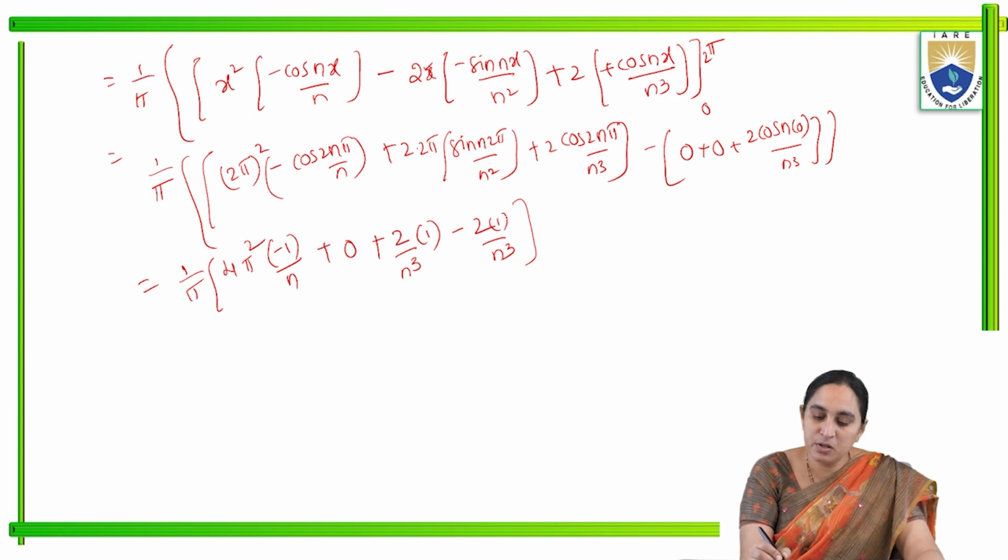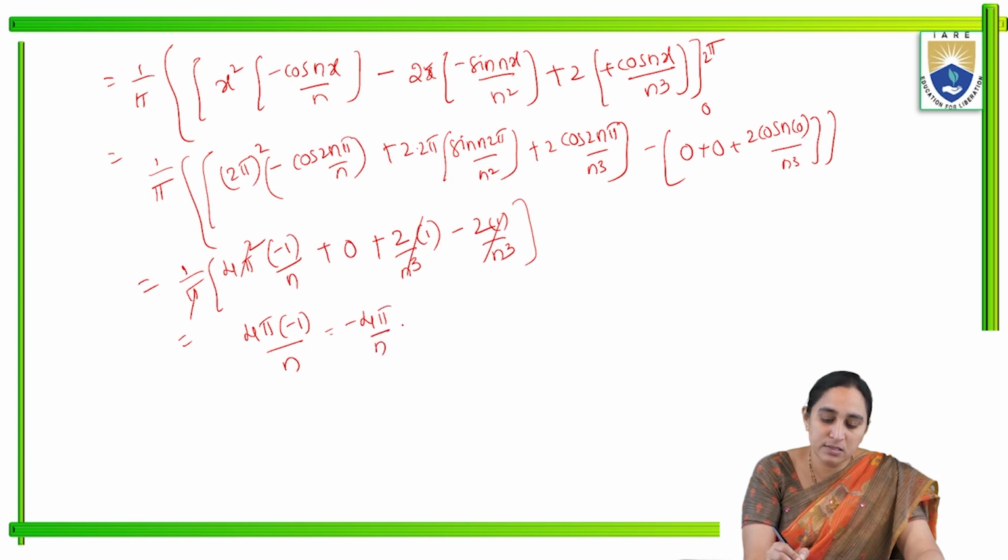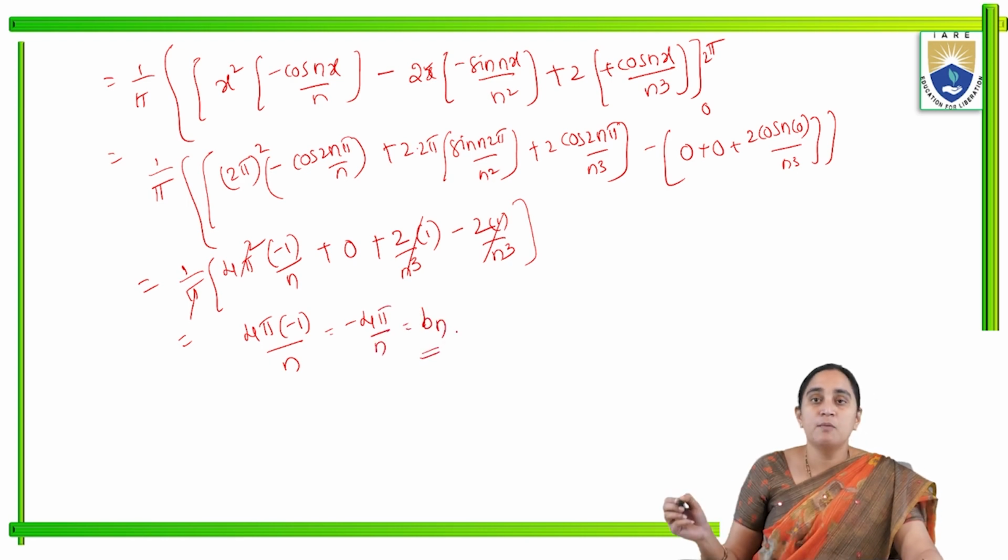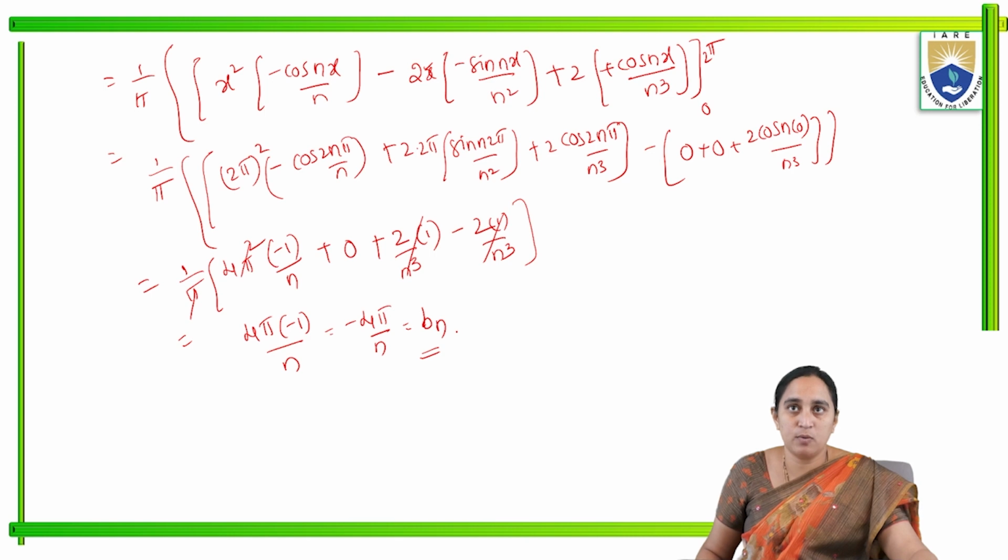Once observe, these two are cancelled and directly pi cancels. Therefore 4 pi into minus 1 by n, that is minus 4 pi by n as bn. That is, minus 4 pi by n is equal to bn.